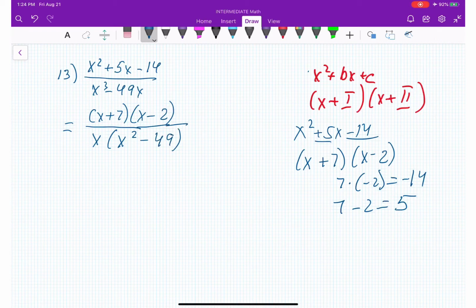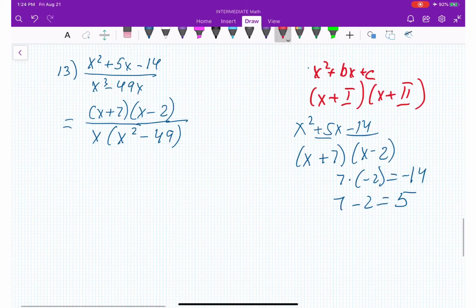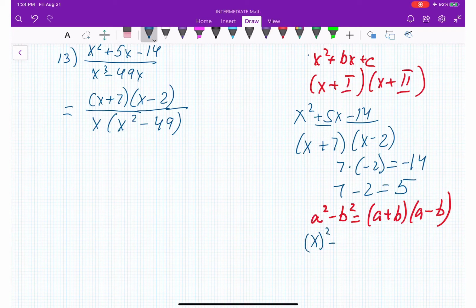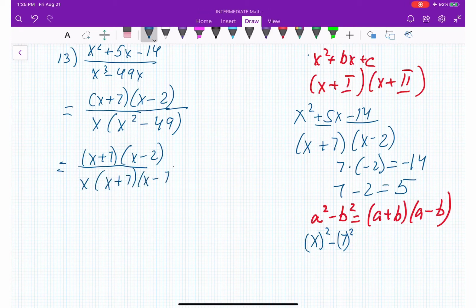Now it's a different story, this x squared minus 49, that's a formula. a squared minus b squared, which is equal to a plus b, a minus b, right? And x squared, it's my a squared. I can write down x to power 2, and b squared is my 49. I can put 7 to power 2, okay? Which is going to be x plus 7, x minus 2 over x times x plus 7, x minus 7, right?